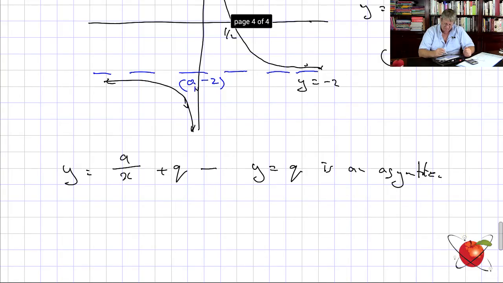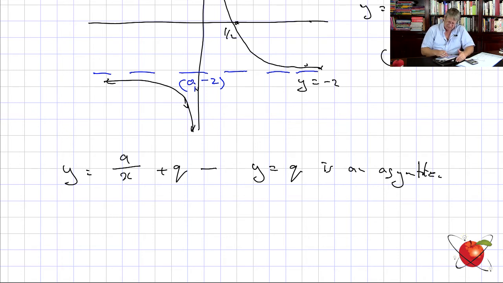Now q becomes an asymptote. It's going to be like that for this one, and it's also going to be like that for the next one, which is the exponential graph. Thus we have dropped the graph, so minus 2 is the asymptote in this case.